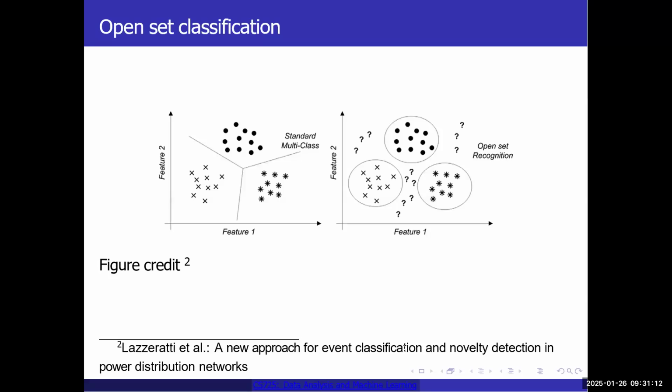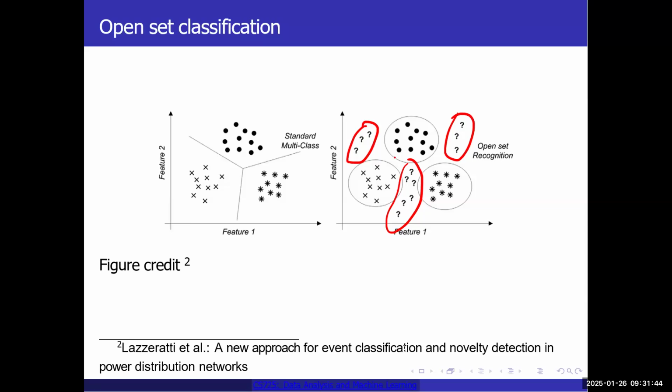And then we have open set classification. Now, open set classification, basically you group the data into classes, but you don't have to answer for every data. So some of the data can be like a question mark, right? Some of the data can be just assigned to nothing, right?